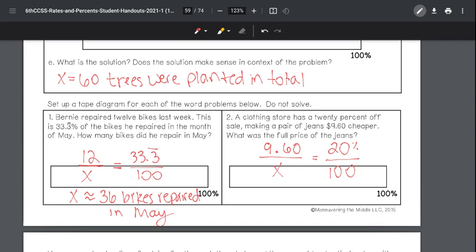So we're going to figure out how much the jeans originally cost. So $9.60 times 100 equals 960 divided by 20, and we figure out that the jeans originally cost $48 before going on sale. The jeans before they went on sale were $48.